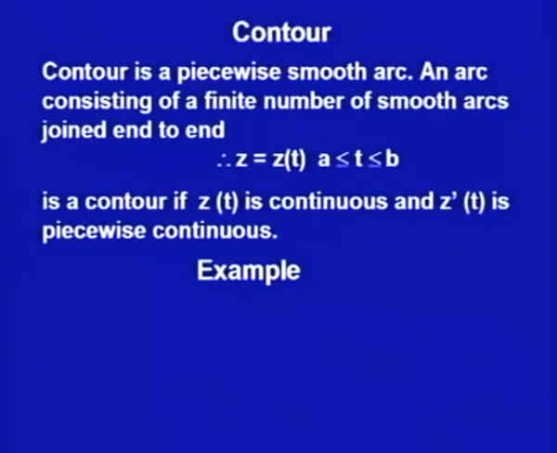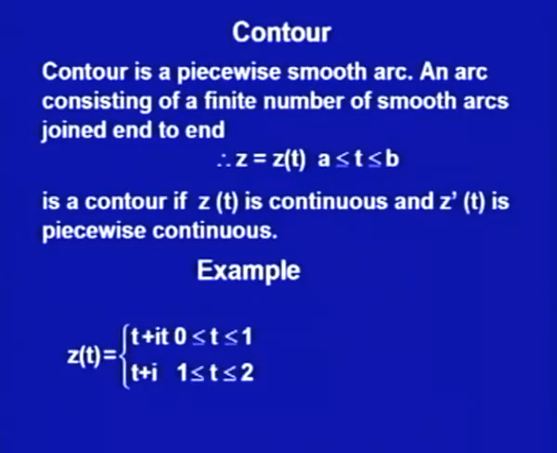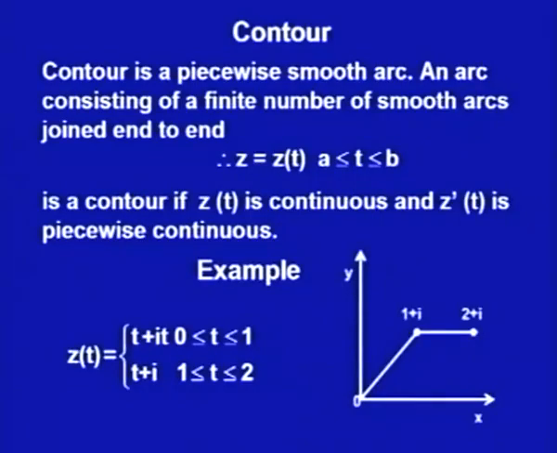Say, for example, if I take this function z(t), defined as t plus it in the range 0 to 1 and t plus i in the range 1 to 2. Let us see what this would look like. This is t plus it for the range 0 to 1. This is the straight line from 0 to 1 plus i, and then we have the straight line from 1 plus i to 2 plus i.